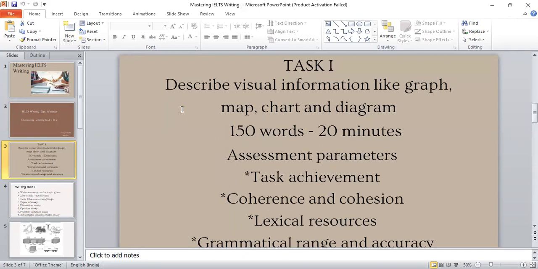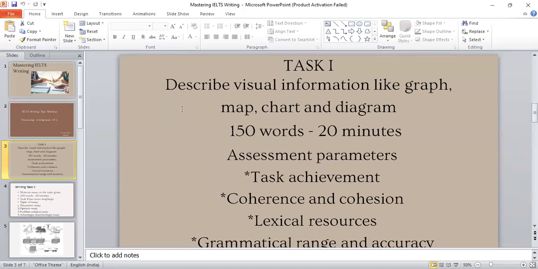Okay, thank you. So in task 1, you will be writing 150 words, and that too within 20 minutes. There will be 60 minutes in total, and out of the 1 hour you have for both writing tasks, you will be spending 20 minutes for task 1, and the word limit is 150 words.